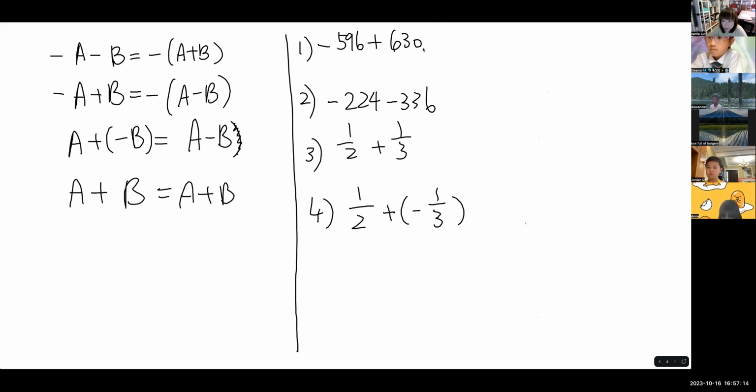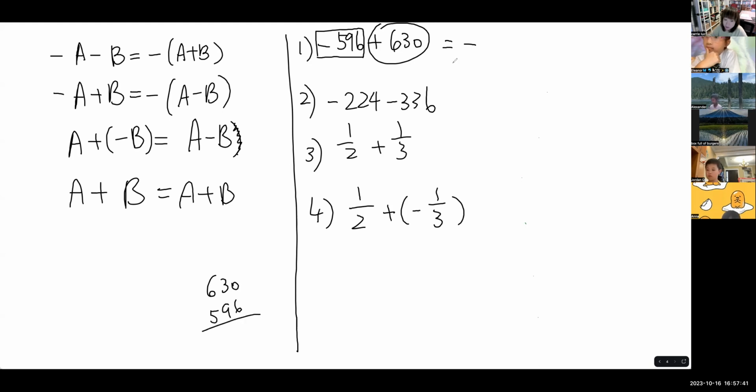So first one, Eleanor, let me ask you. So we have a negative 596 and we have a positive 630. So this answer will be positive or negative? Negative. Very good. Okay, so all you need to do just is 630 minus 596, correct?